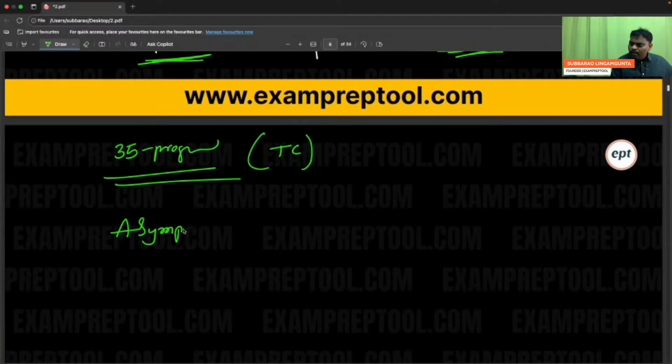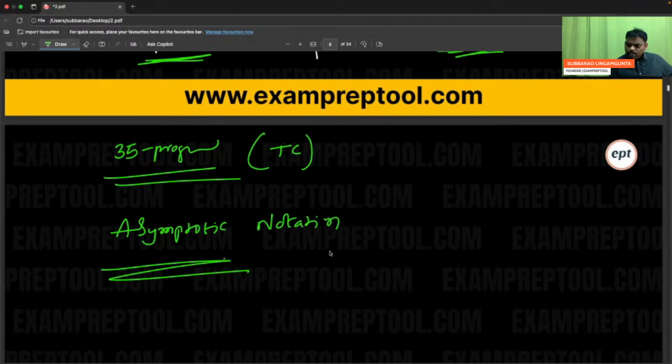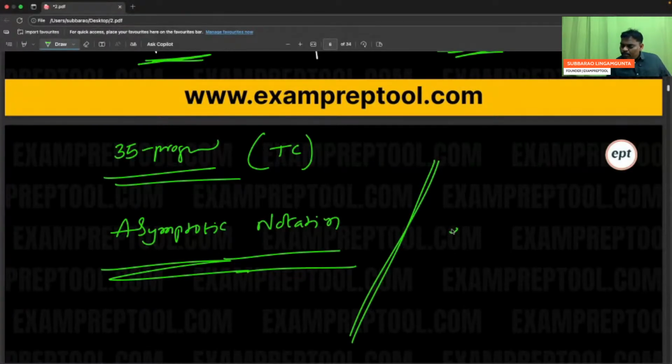Big O, omega and theta I have almost covered, and there is one more variation that we will see in the next class. Asymptotic notation is almost 50% complete. From tomorrow onwards, classes will be on the EPT platform.